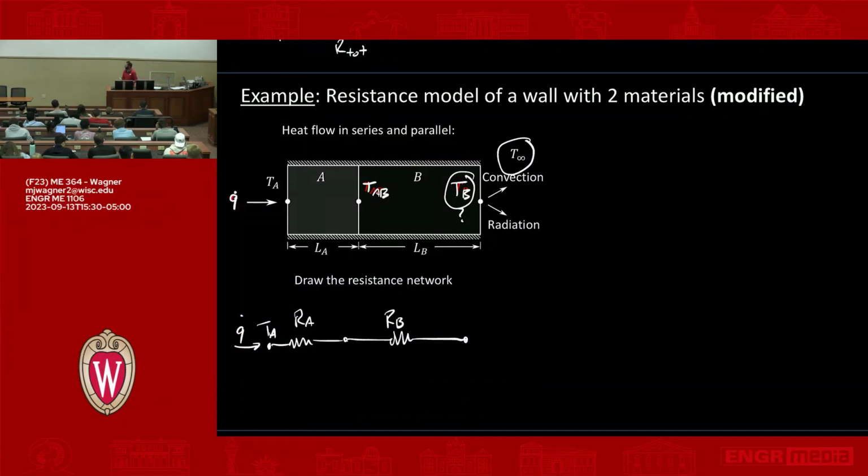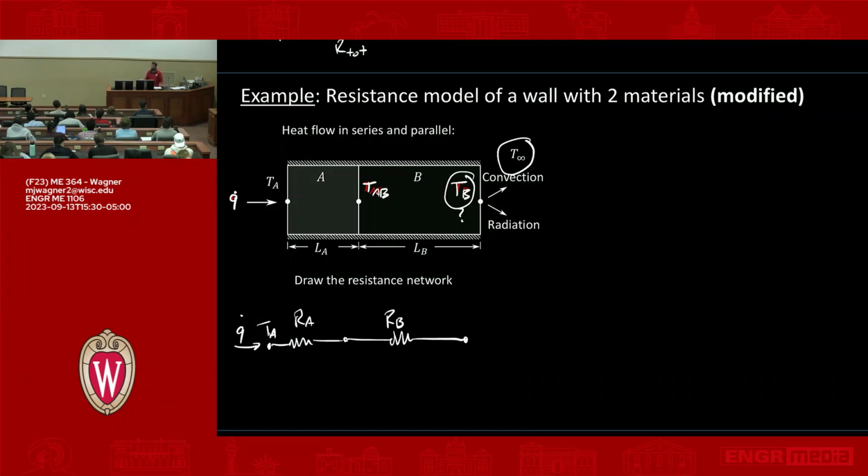We can also introduce convection and radiation resistances. I'll go over those on a couple slides, okay? But for now, just take me at my word that there are resistances that we can use to represent those things. So we have a series resistance, an interface at the end of the domain, and then we have convection and radiation to T infinity.